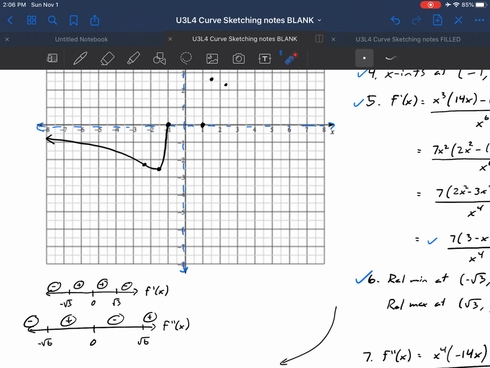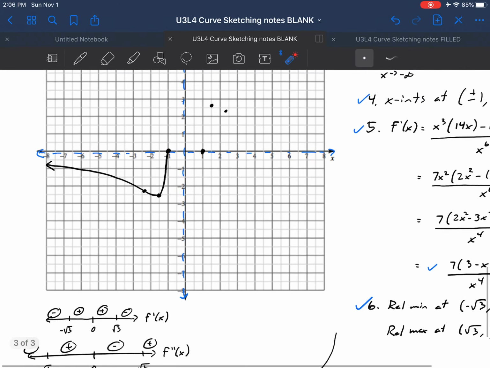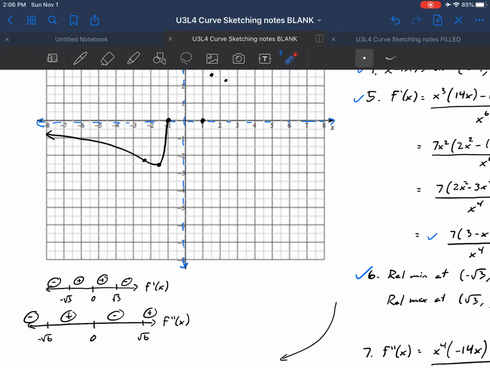Now we're at the x-intercept. This thing's going to continue increasing all the way until positive root 3. And we've got this asymptote here.